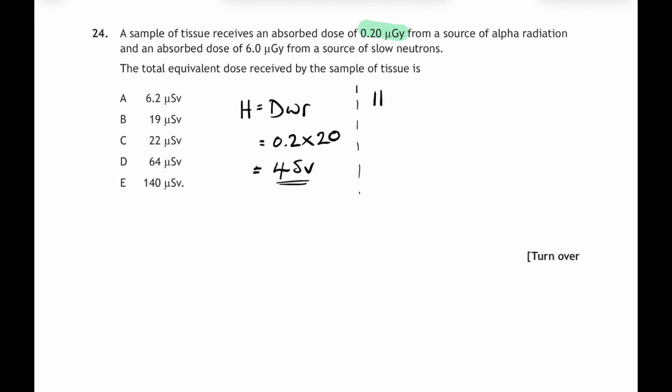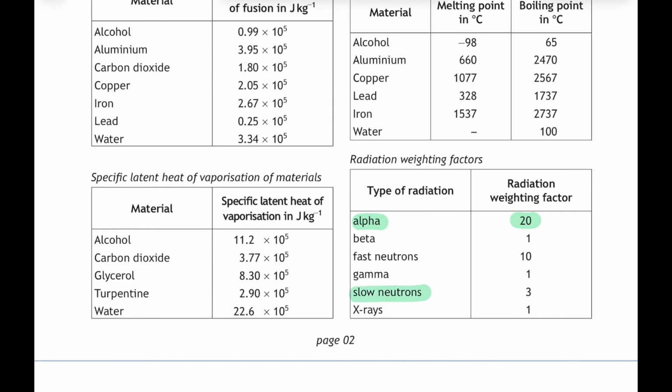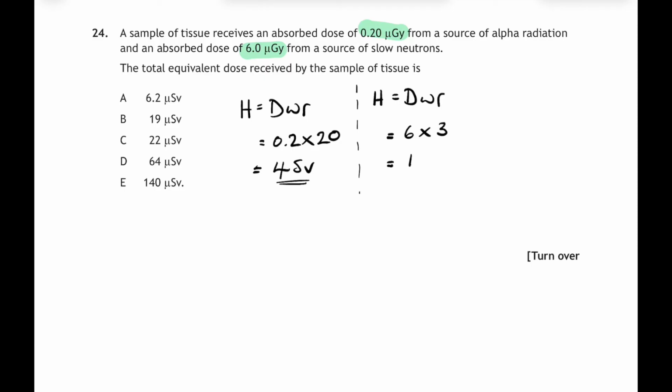But we also need to do the calculation again for the slow neutron dose. So the dose that we get of slow neutrons is 6 micrograys. So let's put that in. That's the 6 times the radiation weighting for slow neutrons. And again on the data sheet, the radiation weighting for slow neutrons is 3.